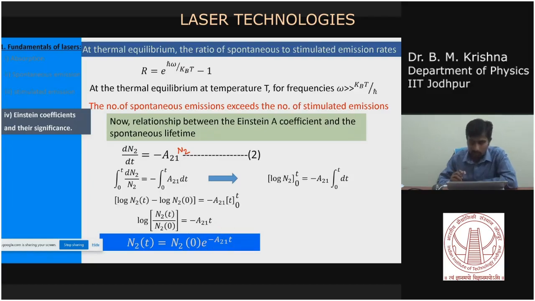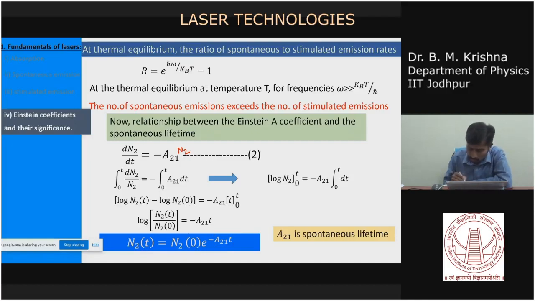What is A21? A21 is your Einstein coefficient. In the exponential function, the argument should have no units. So A21 has units of inverse of time, which means A21 is a rate.